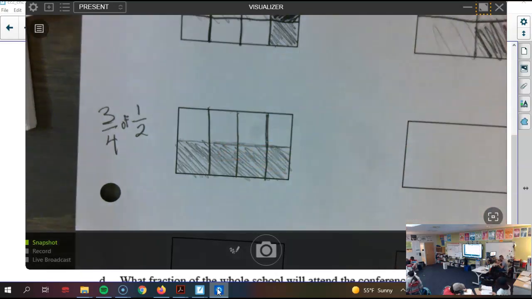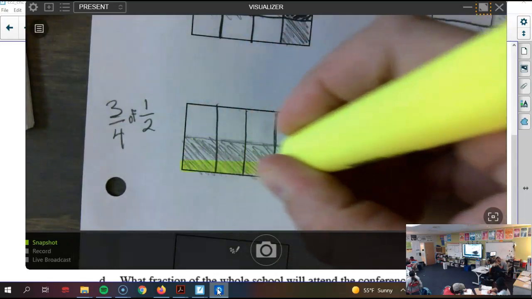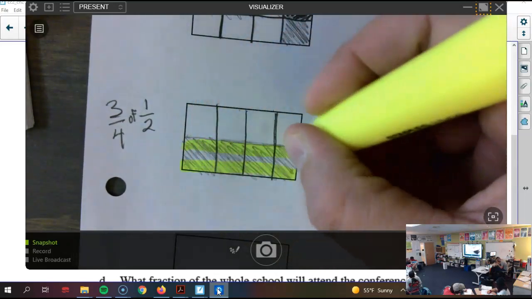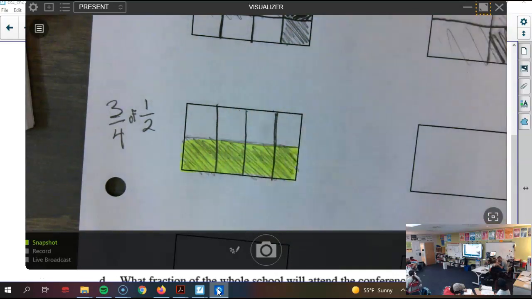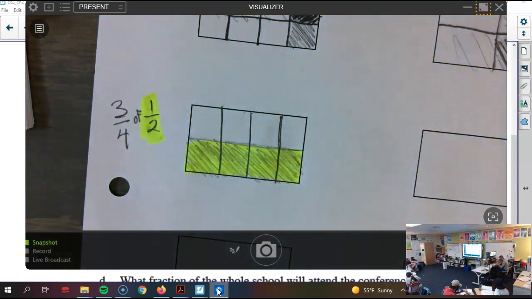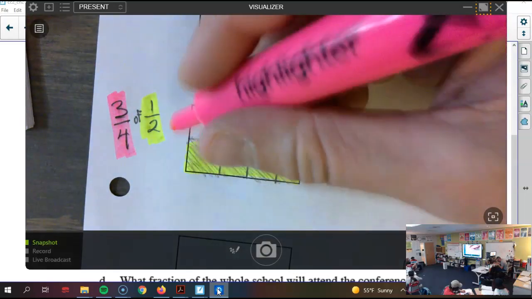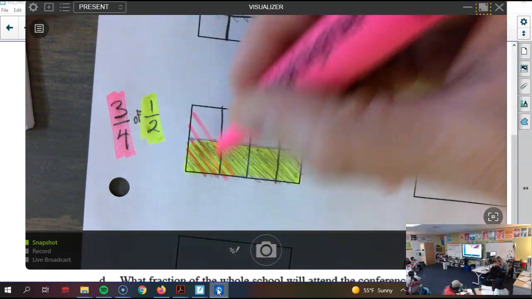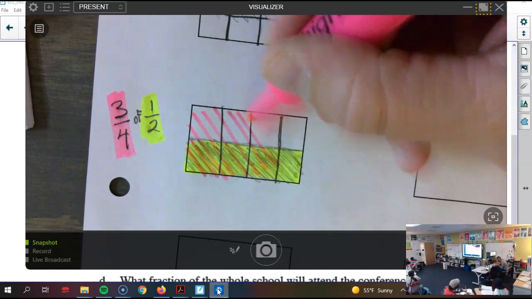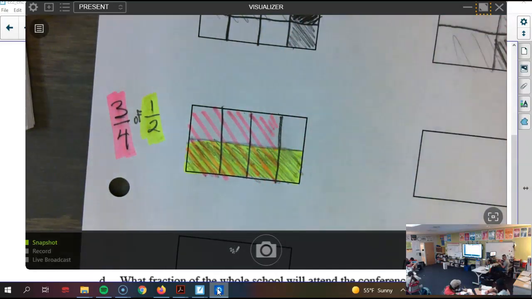3. Guys, I'm going to start to use some coloring, I think. So if this was my half, so then 3/4. How many boxes got yellow and pink? Out of?